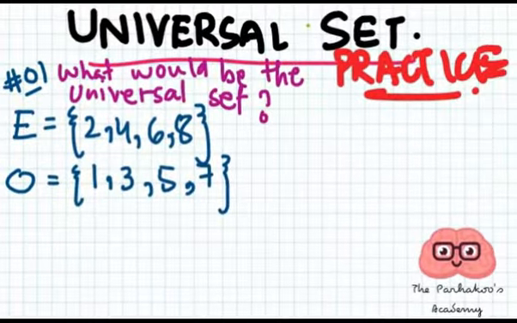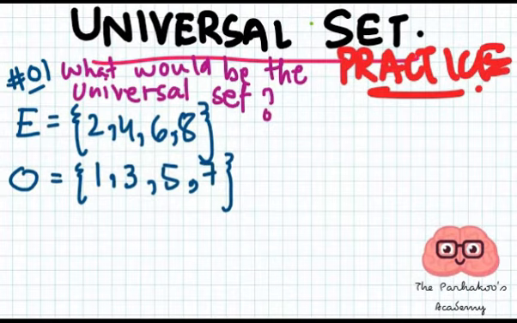Now let's do some practice so that you get this. Our question is: what would be the universal set? Can you come up with the universal set? These are two sets, basically subsets, which are given to you, and you are asked to make the universal set out of them. As I said, the universal set consists of all the elements which are there in the context.